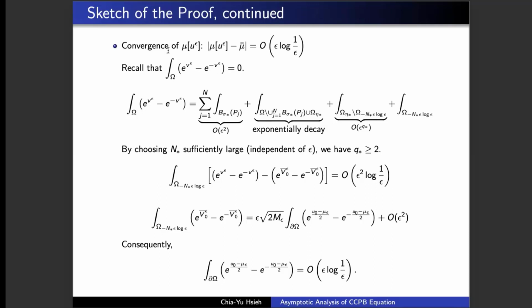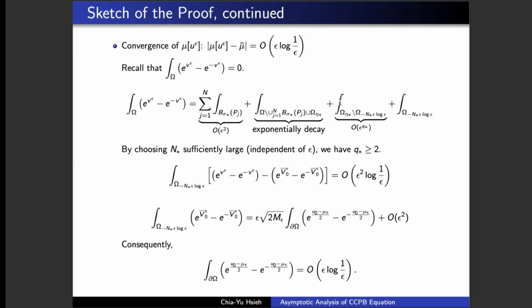For this integral, again, we follow the same idea and divide the domain omega into several parts: near the singularity, the interior, and near the boundary. But here, on the boundary strip omega eta star, we need to further decompose it into two parts, one with a width of order epsilon log 1 over epsilon, and the remainder.